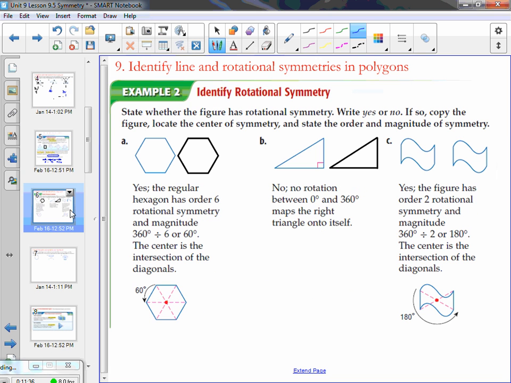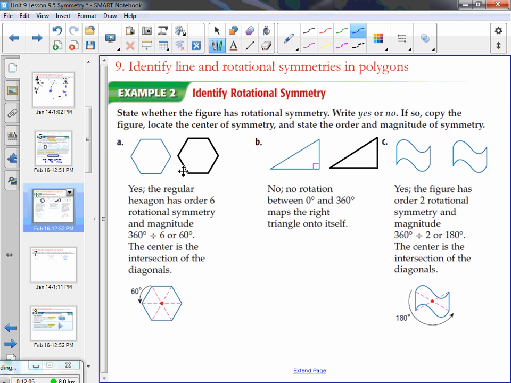Okay. Well, let's stay there on page 654, and let's look at example 2 here. It says to state whether the figure has rotational symmetry, and then to write yes or no, and then we're supposed to try to figure out the order and the magnitude. And the center of symmetry will be the center of the polygon. I may have to give you a better definition of the center of the polygon in a minute, but we'll see. All right, so here's what I've done.